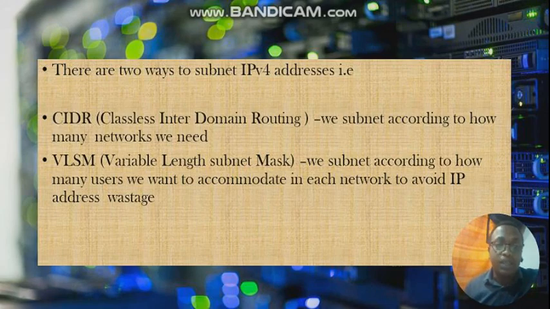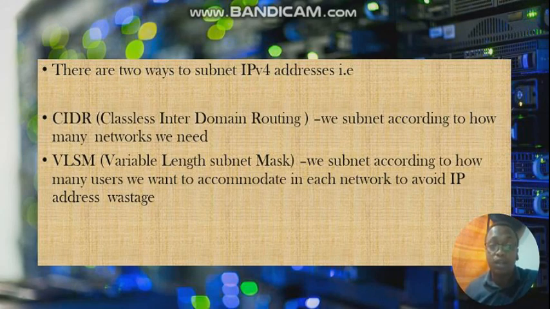Now, as I said earlier, there are two ways to subnet IP version 4 addresses. That is classless interdomain routing, and this is when we have a requirement of networks specified by networks. That is, you could be told to create 4 networks, 5 networks, it could be any number, but the requirement itself is the number of networks.